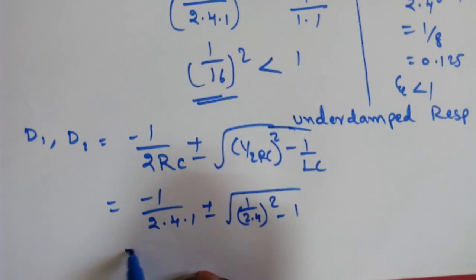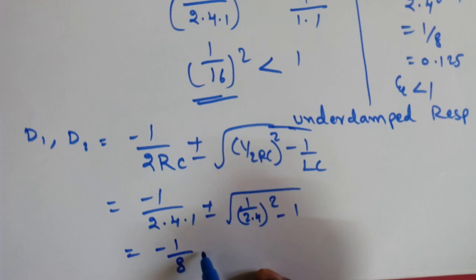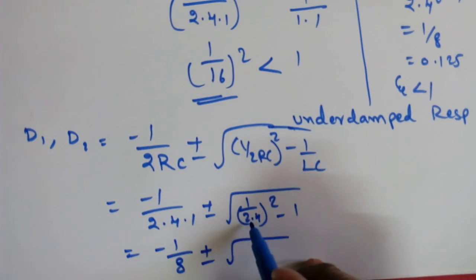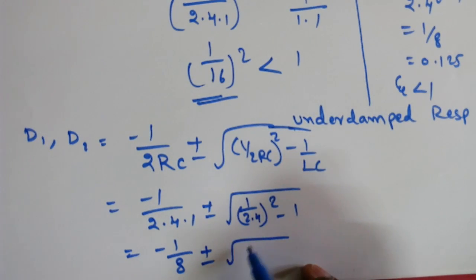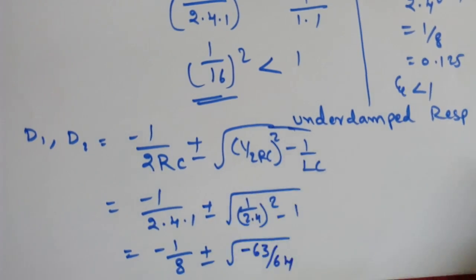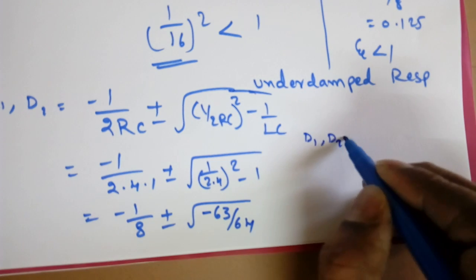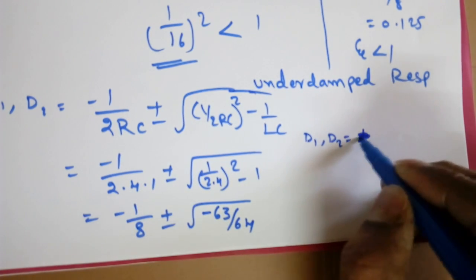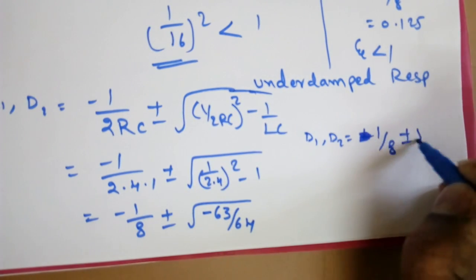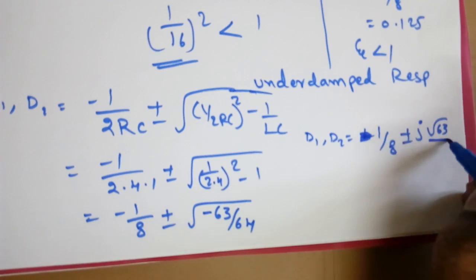It is nothing but minus 1 by 8 plus or minus root of 1 by 64 minus 1, which is minus 63 by 64. It can be written like this: D1, D2 equals minus 1 by 8 plus or minus j root 63 by 8.